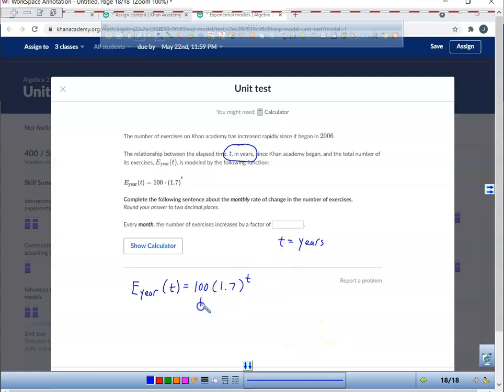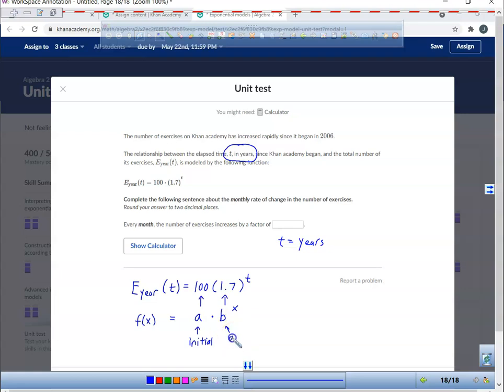Once again, we have different numbers that mean different things. If I have the normal f of x equals a times b to the power of x, a represents your initial value.